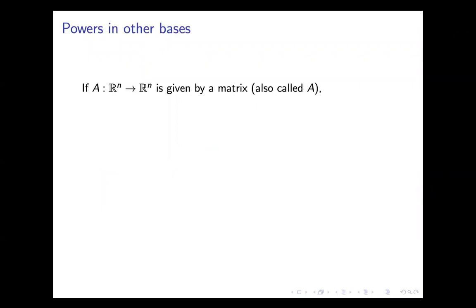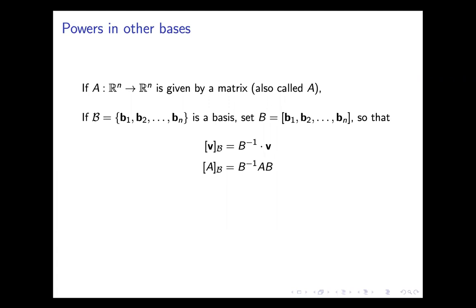So let's see what happens in other bases. If the matrix A from R^n to R^n is given by the matrix, let's also call it A, and if B = {b_1, b_2, and so on, b_n} is a basis, set matrix B to be formed by the columns that are vectors from this basis, b_1 through b_n, such that the vector [v]_B is equal to B inverse times v, for every vector v.